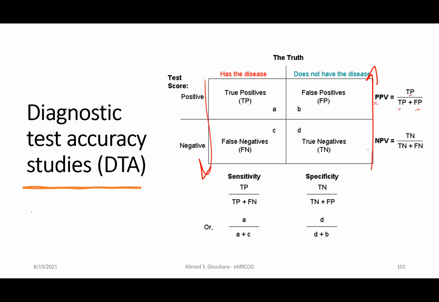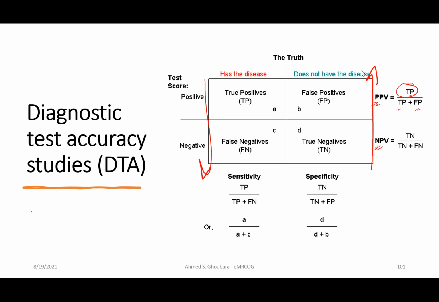So negative predictive value equals true negative divided by true negative plus false negative. So positive predictive value is the ratio between true positive over the total positives, and negative predictive value is the ratio between true negative to the total negatives.